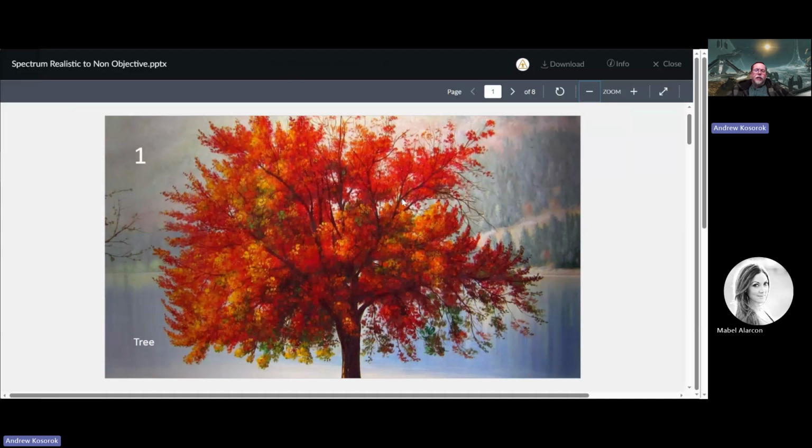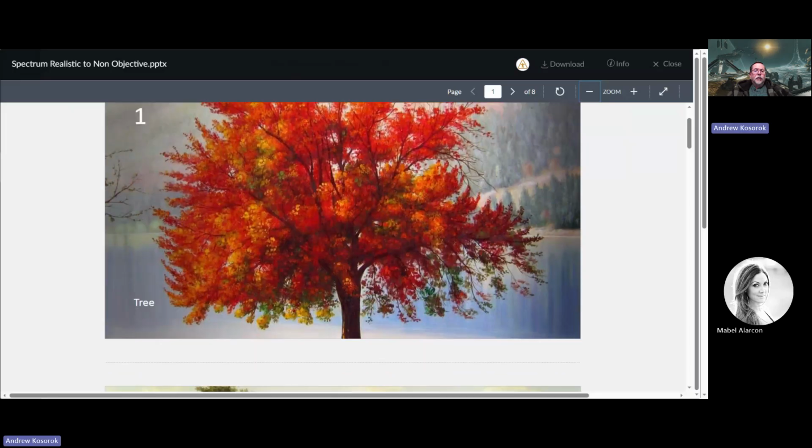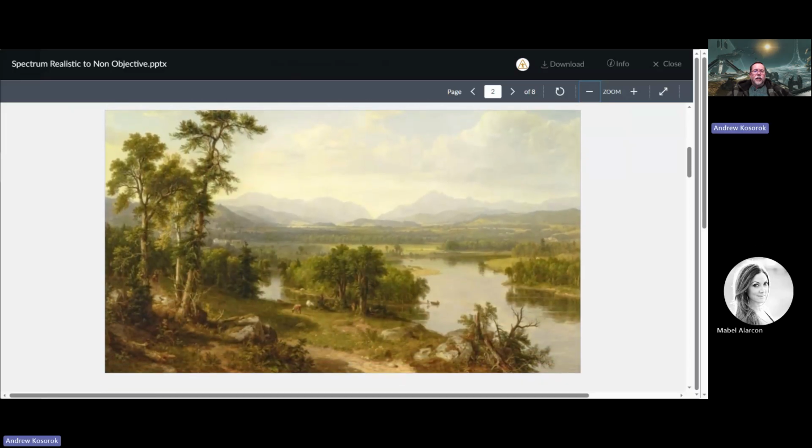Now, if we look at this on a scale from something you don't recognize to something you do recognize, I even have a little hint here. This is a tree. It is identifiably a tree. It's a painting of a tree, and it looks very realistic. This is a Hudson River School painting, early 19th century.